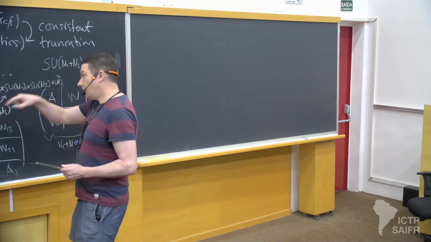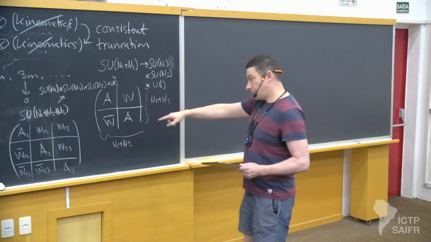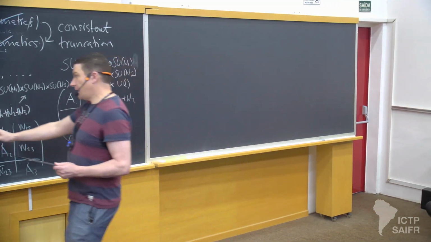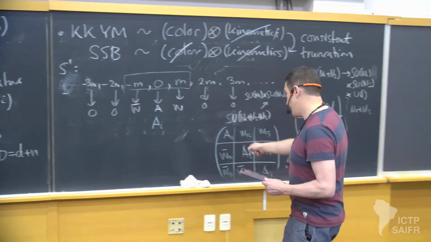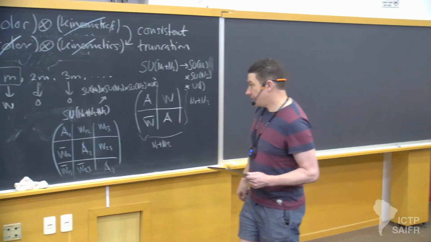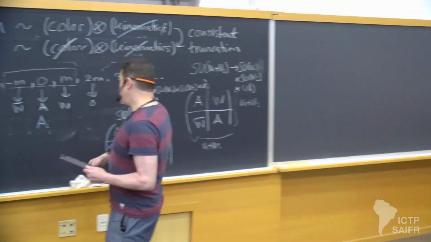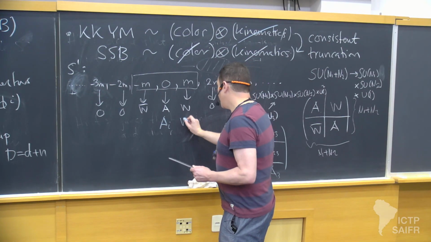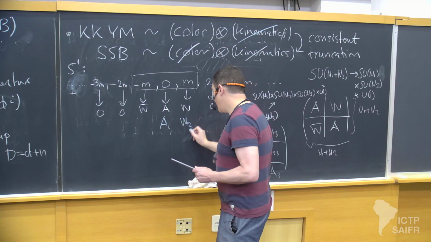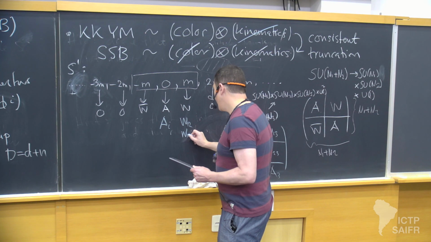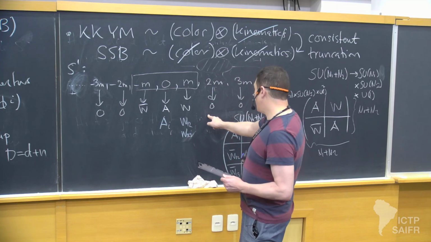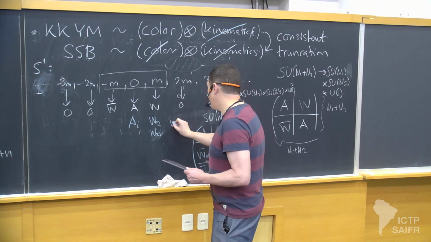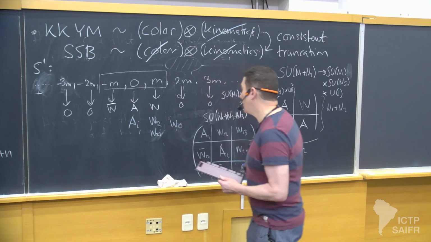And now one consistent truncation you can do is again that you put all the A's here, so all the massless, unbroken gauge fields here. Then you put, for example, W12 here, also W23. But now you can put something here, so that's W13.